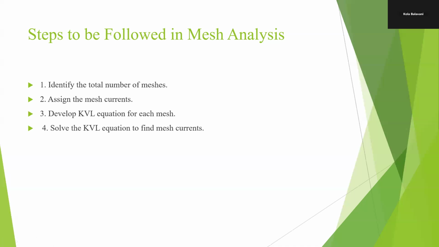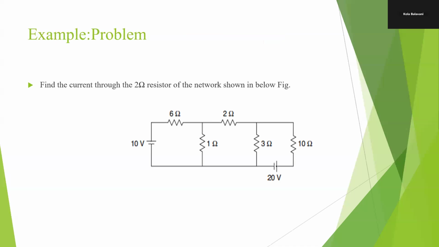Let us discuss one example problem. The problem is: find the current through the 2 ohm resistor of the network shown. This is the given network. How do we determine the current passing through this 2 ohm resistor?